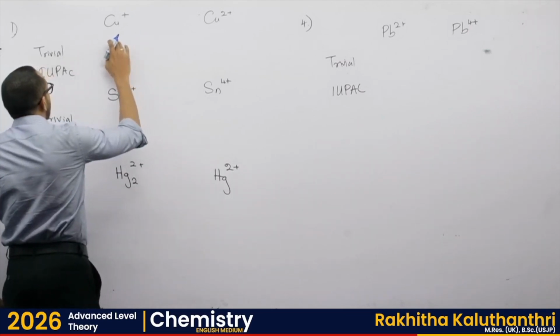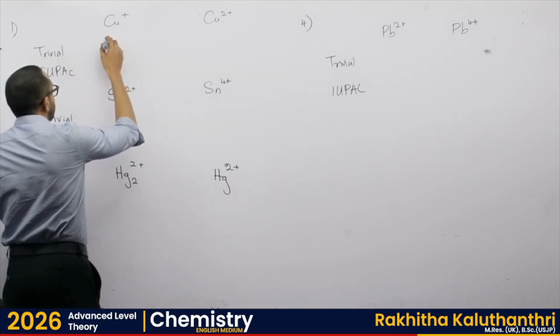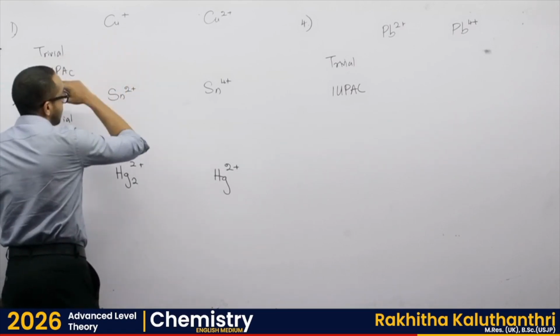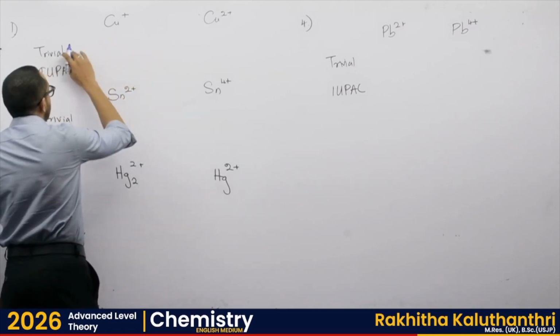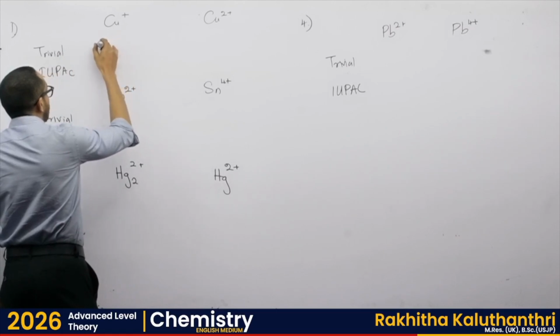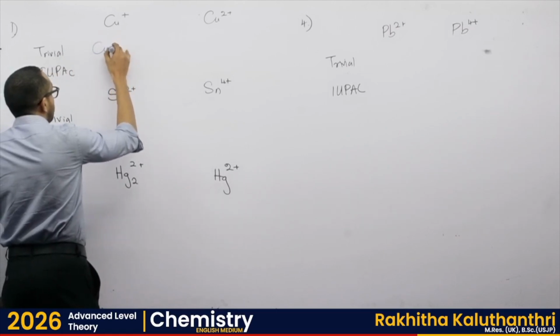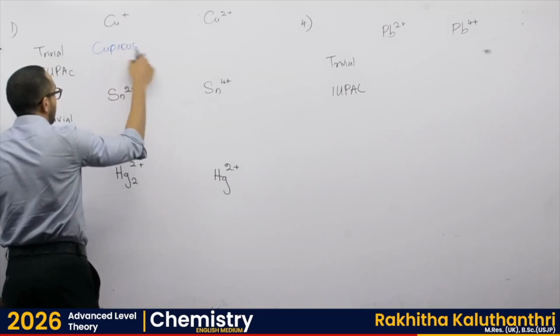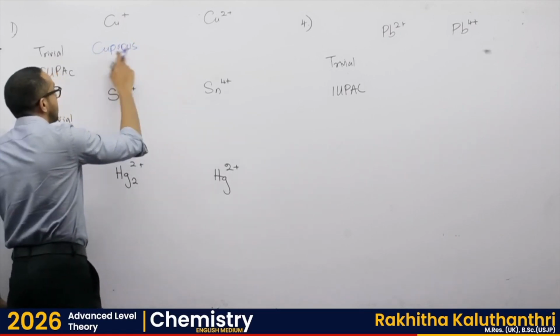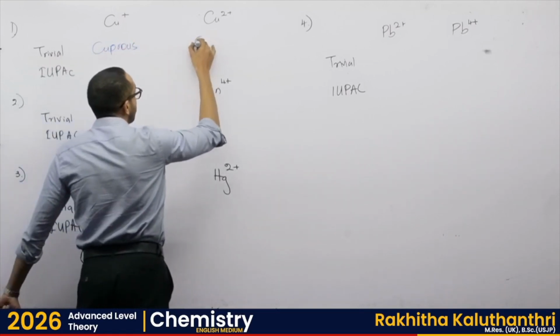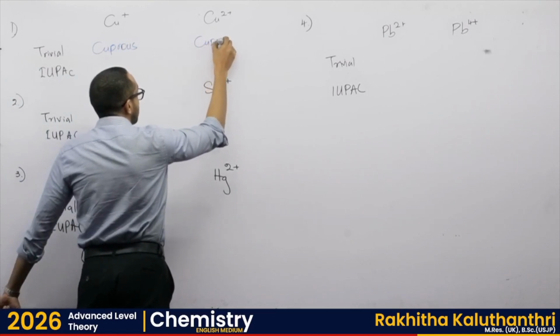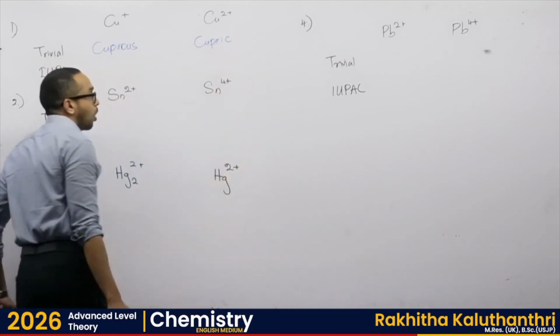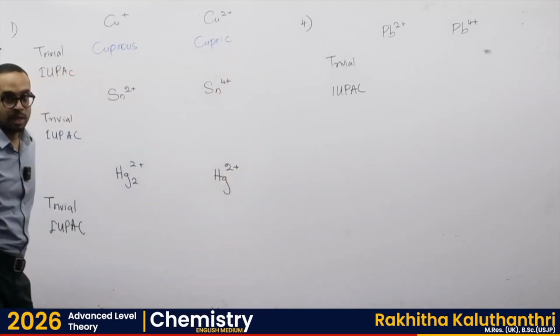For copper, this trivial name is very easy. We'll write the trivial names first, and I'll write the IUPAC names. Trivial names here would be cuprous and cupric. So it's not copperous and copperic.